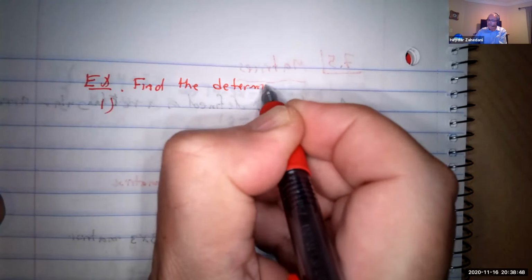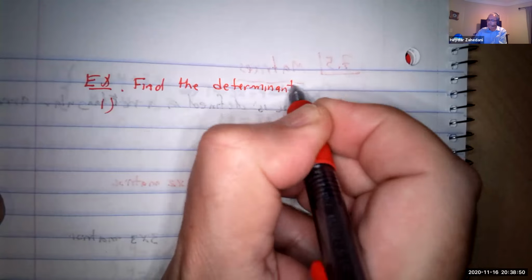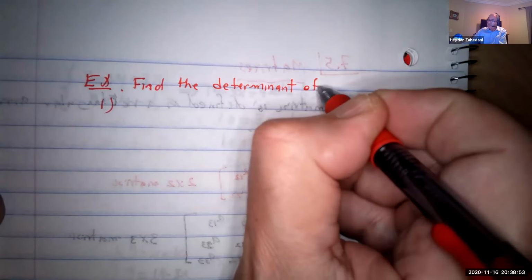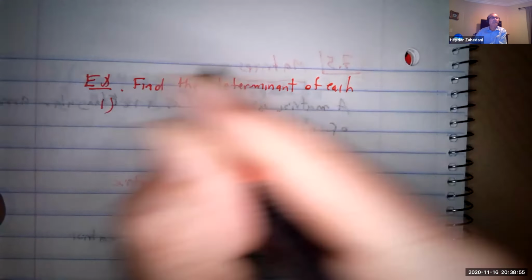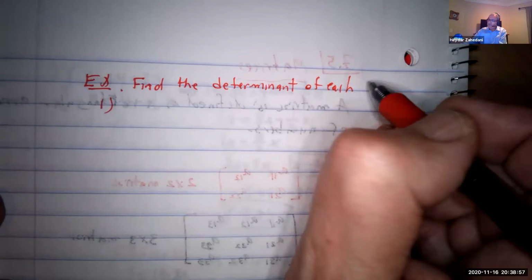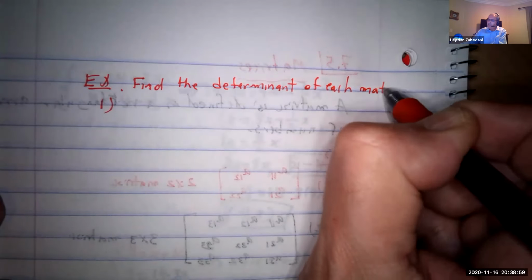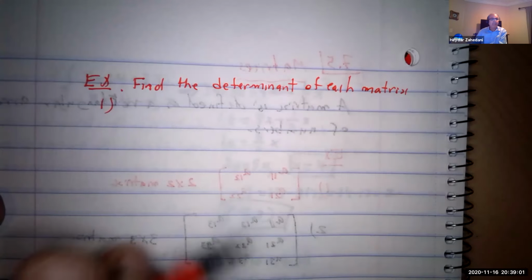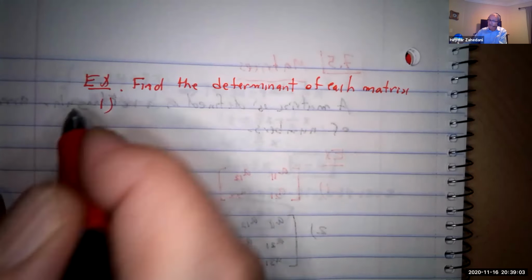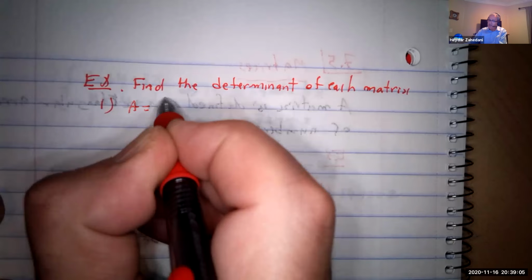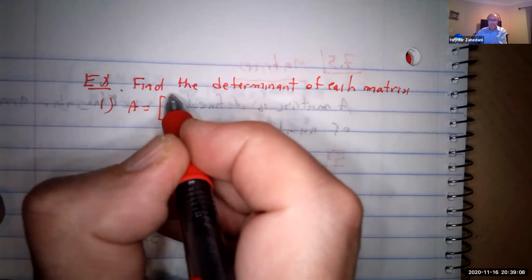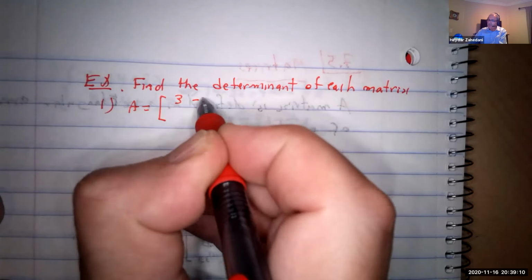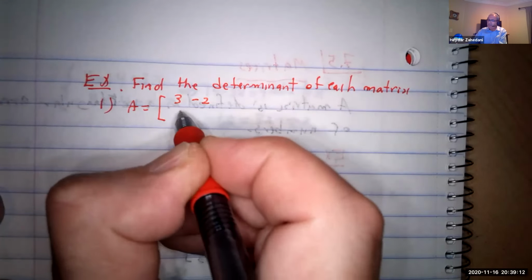The matrix A is equal to 3, negative 2, and 6 and 1.